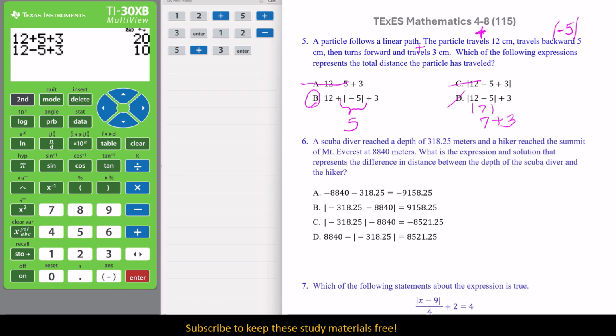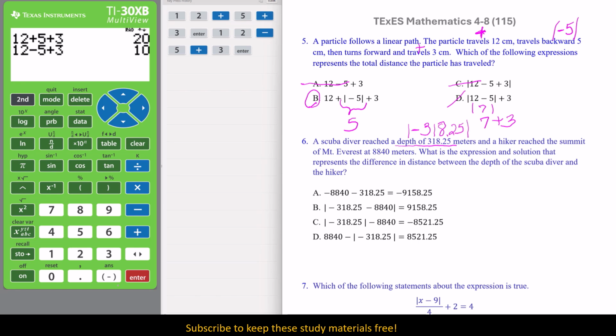All right, now let's look at 6. A scuba diver reaches a depth of 318.25 meters. So that's a depth, but I'm going to say, even though it's a depth below sea level, it would be minus a negative 318.25.